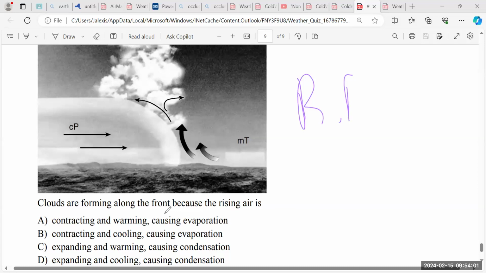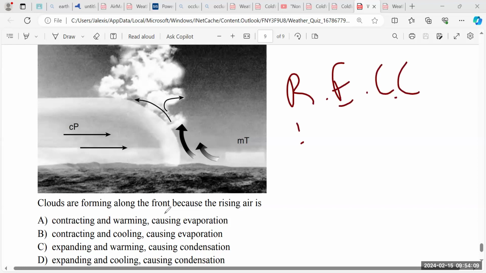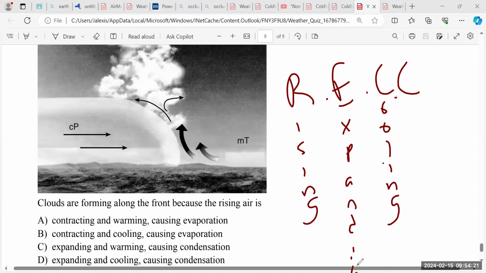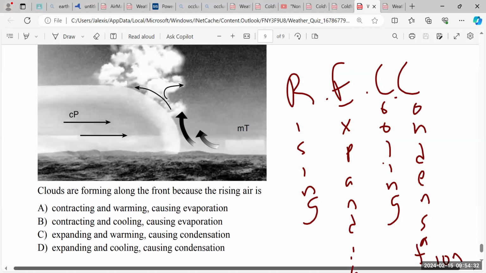We got REC, and what do we know about air? Air has to be rising, then expanding, then cooling. The air pocket needs to cool to the point that it reaches dew point, and then condensation occurs. So which option shows that rising air expands, cools, and then causes condensation? It is choice D.